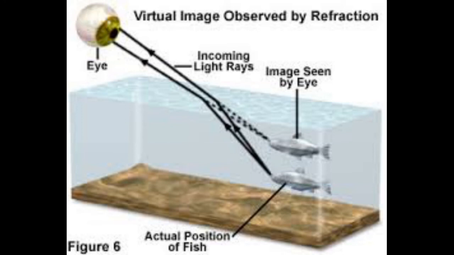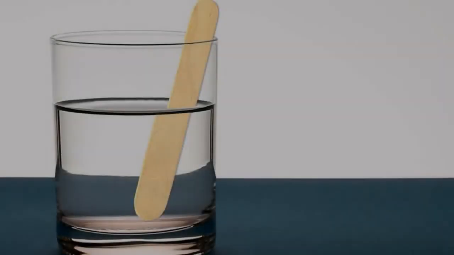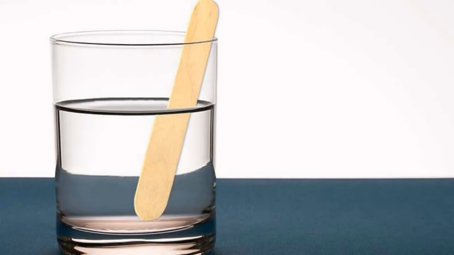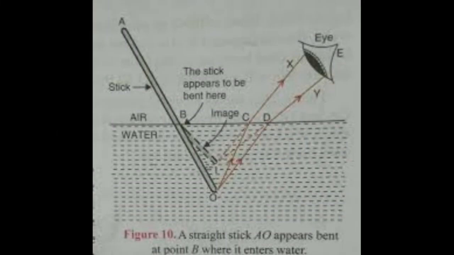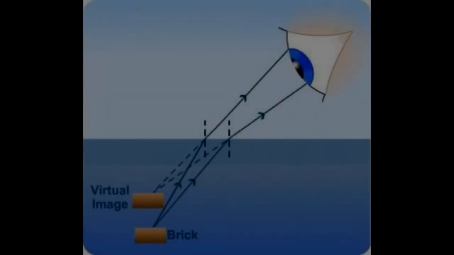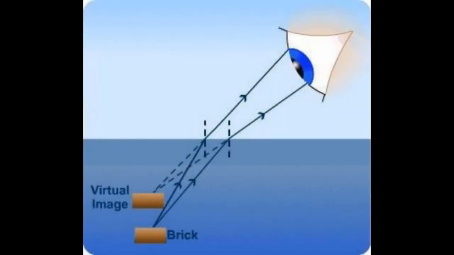Now it's your time. Sit with your textbook, go through the section and practice the diagrams. There are solved examples, practice them also in your classwork, and then solve all the question answers in the exercise along with the numericals.